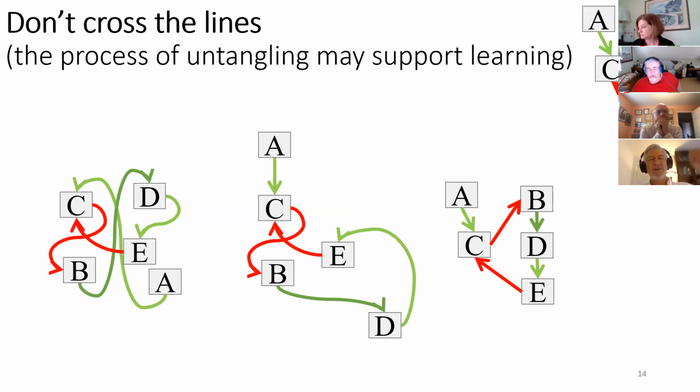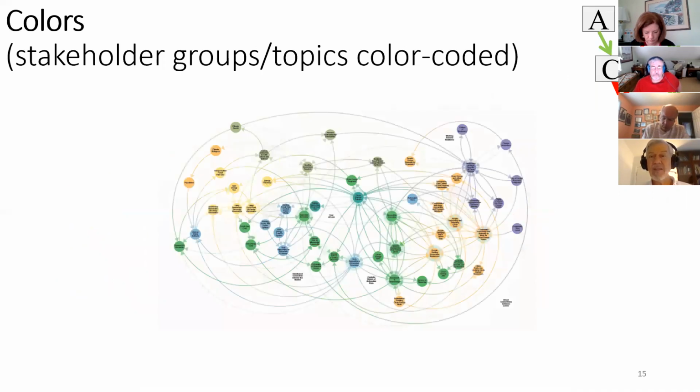You start to write it up on a board, and you start to realize that all the lines are crossing and confused. And the whole process of untangling them, as you move from tangled to untangled, can help improve understanding and clarity. It might almost be worthwhile giving people an extremely messy map to help them untangle it and improve their knowledge that way.